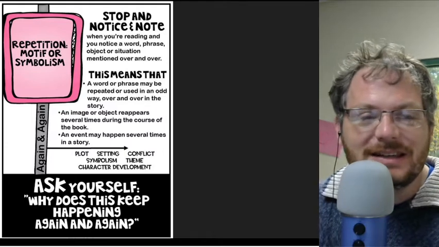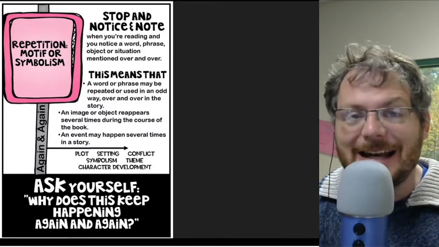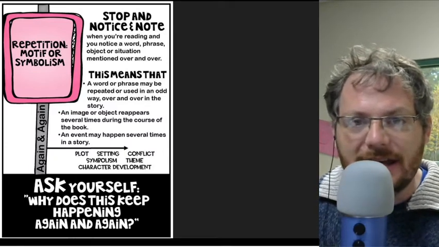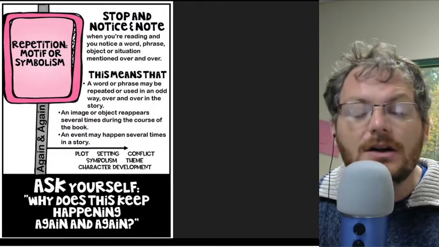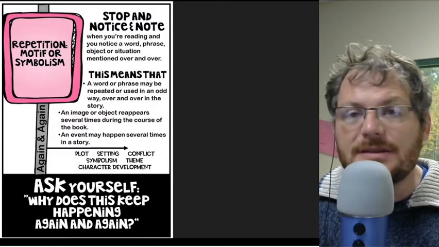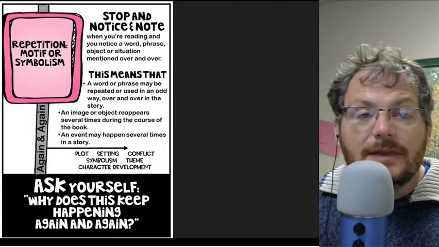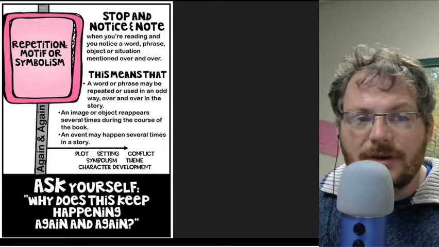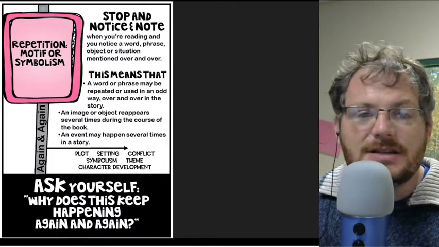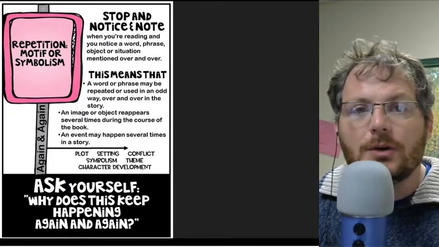This signpost is the one last year you would have called again and again. And since we're using our fancy pants literary terms, we're calling this a motif or symbolism. We talked about motif and symbolism last year in school. But the signpost here is when you're reading and you notice a word, a phrase, a situation, an object that's mentioned over and over again.